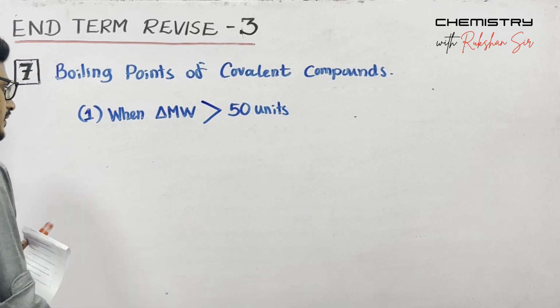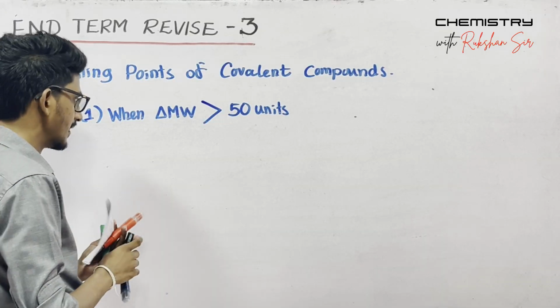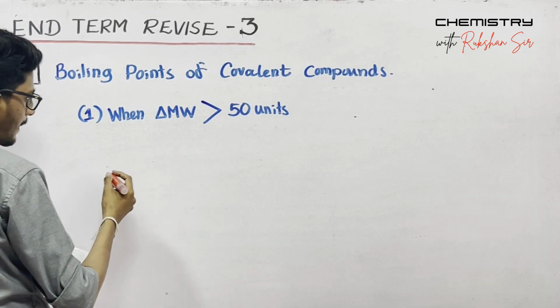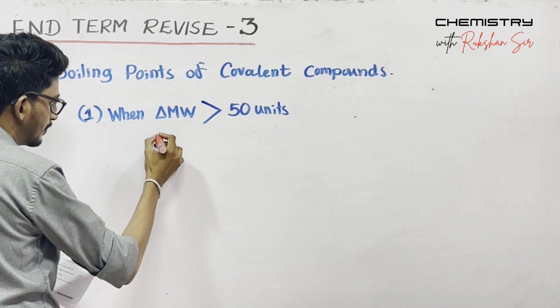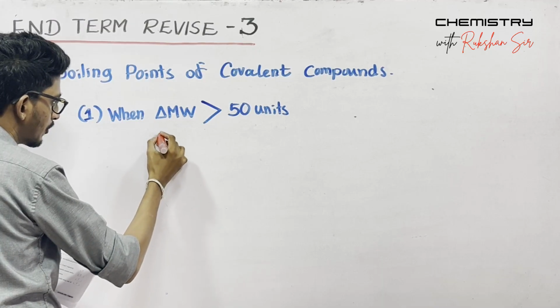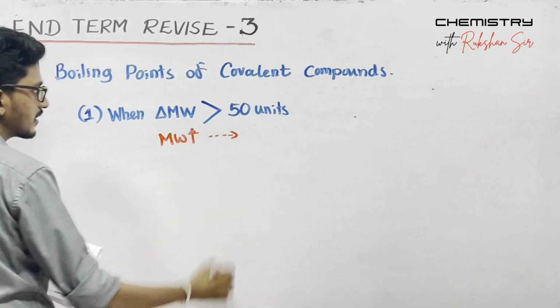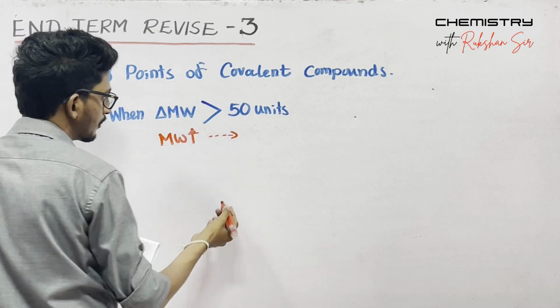This is a rough value. When the molecular weight difference is greater than 50 units, the species with the greater molecular weight is with the greater boiling point.